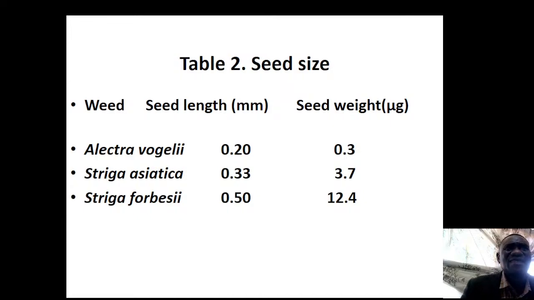Striga asiatica is 0.33 millimeters in length, and the weight is 3.7 micrograms. Probably the parasite with large seeds is Striga forbesii, with 0.5 millimeters seed length, and the weight of each seed is 12.4 micrograms.